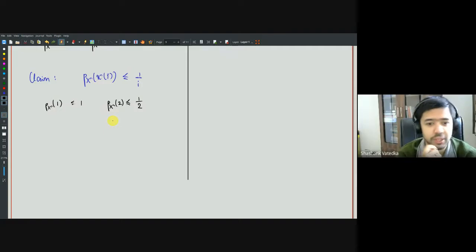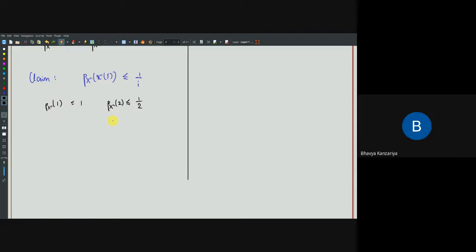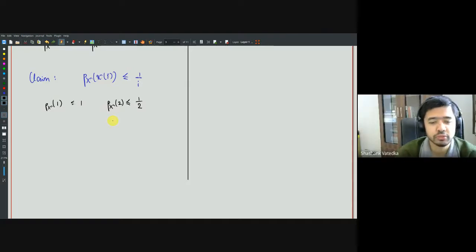No, because then it would be the highest probable sequence. Correct. So if this probability were greater than half, you know that P_Xn of 1 is greater than P_Xn of 2, so P_Xn of 1 should also be greater than half, and the sum would be greater than 1, right?